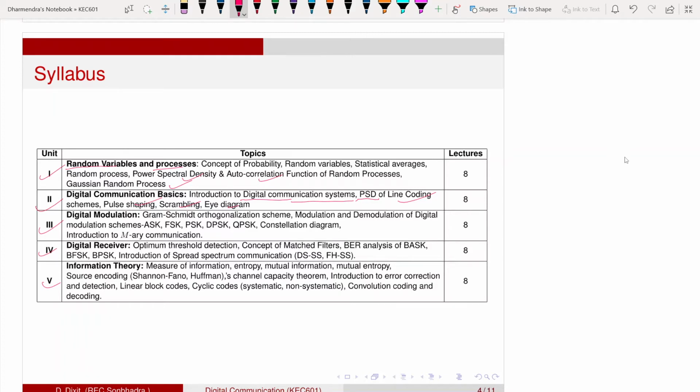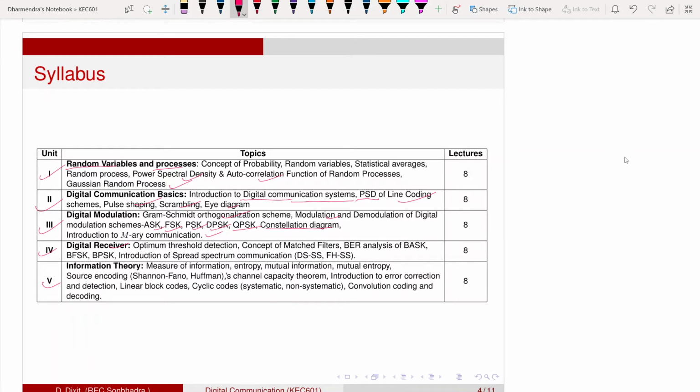To understand digital modulation, we should know the Gram-Schmidt orthogonalization scheme, then the modulation and demodulation schemes for amplitude shift keying, frequency shift keying, phase shift keying, DPSK, differential phase shift keying, quadrature phase shift keying, and the constellation diagram of each scheme, and an introduction to generalized M-ary digital modulation schemes.